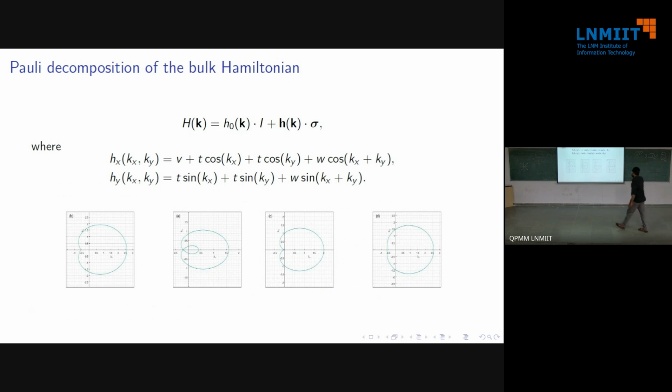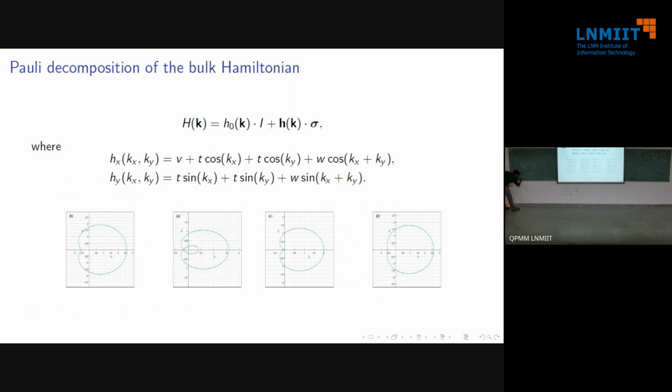Sir, it's like if I take a condition V less than W and T less than (V plus W) by 2, and I have a path in the torus like the blue and the green one. So I might go like this and try to complete and come here, and then it goes to Hx, Hy.